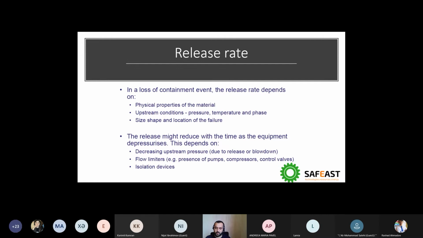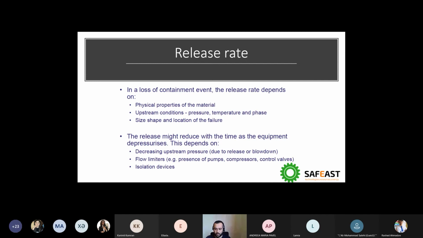In terms of the behavior, one of the main important inputs to the consequence modeling, and obviously the output of the source term modeling, is the release rate. When I say release rate, you can imagine you have a hole on any vessel or any piping, and what does it mean in terms of the rate?